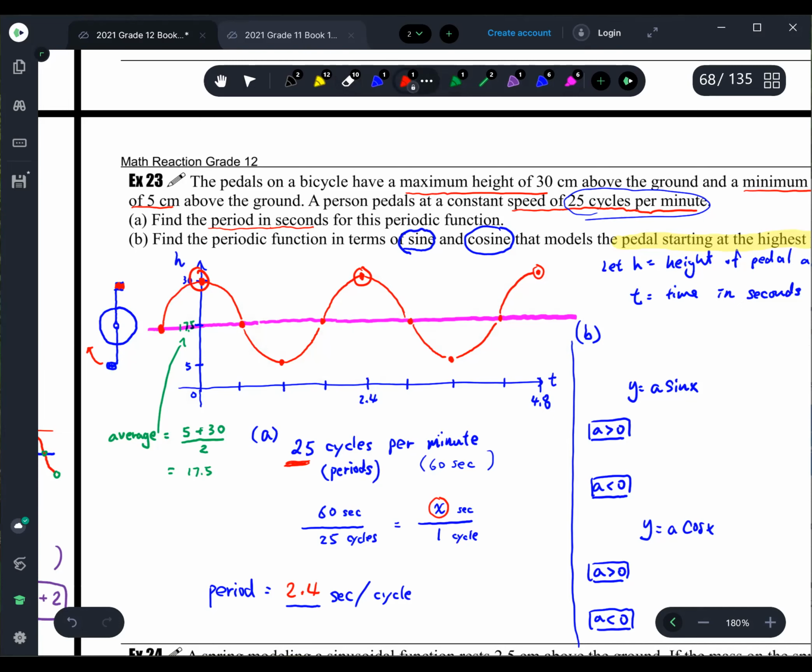So if you want a sine without reflection, then you could put it here.